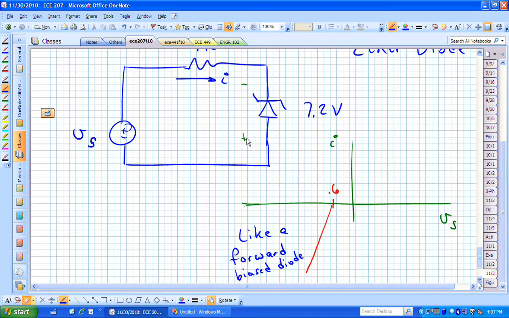If we now walk in the other direction on the voltage axis, we're trying to find the current-voltage relationship of this circuit. It's not going to conduct, and this axis isn't necessarily drawn to scale, until we get above 7.2 volts, and then it's going to start conducting.